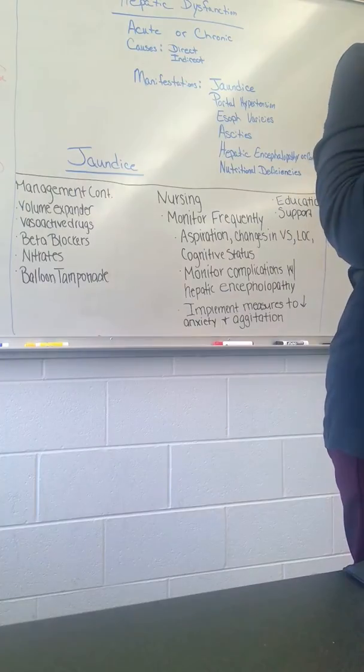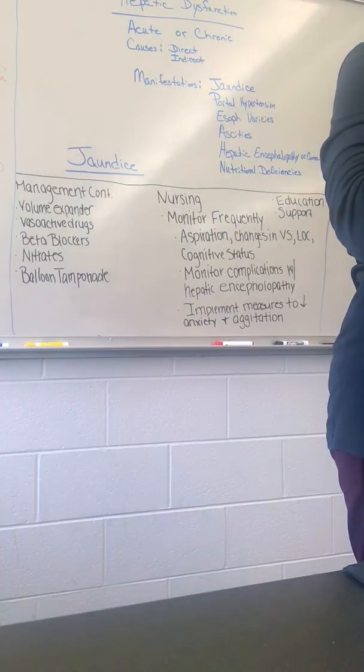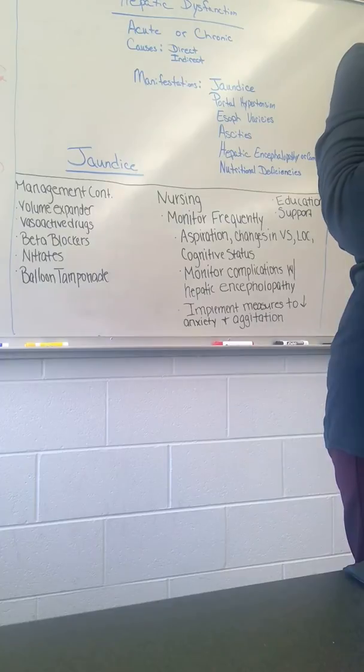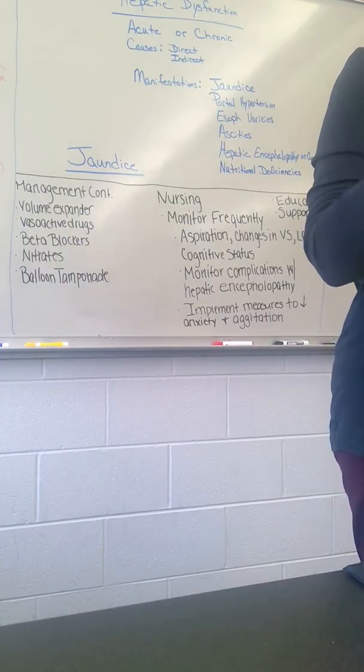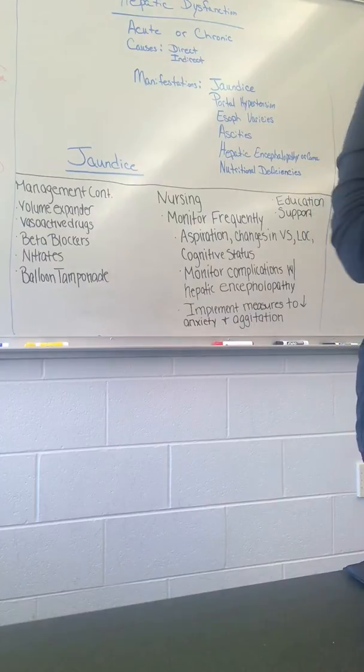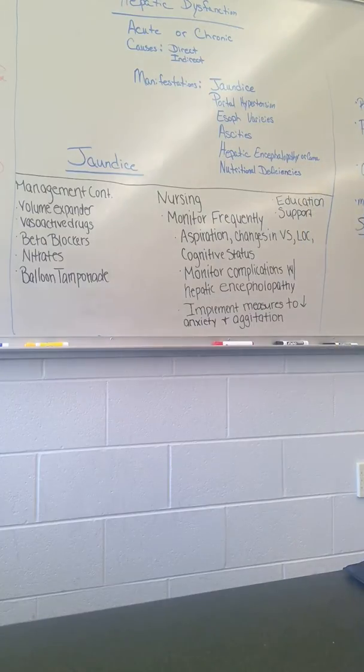So hemolytic jaundice, when do we see that? When it's destroying red blood cells. So we might see that in a transfusion reaction. When could we see that in our smaller population? When do we see that in our pediatric population?